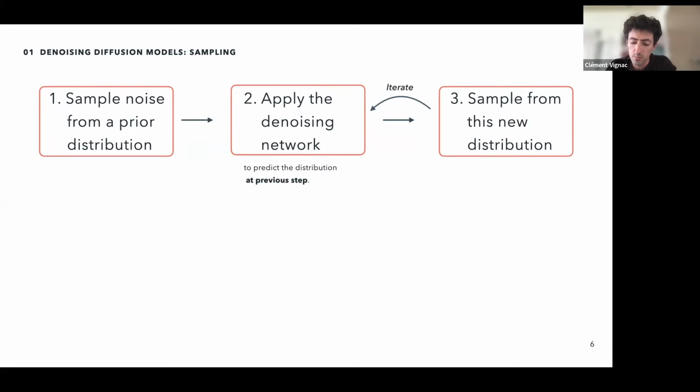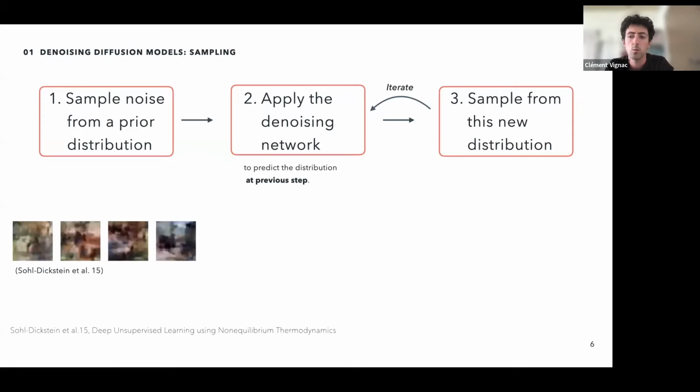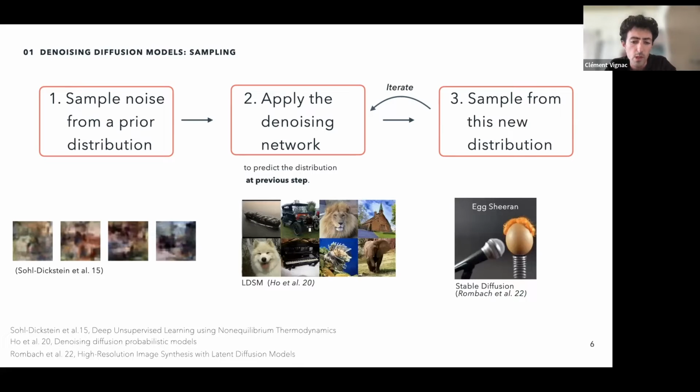So if you train things this way, and that's what was done in the early diffusion models in 2015, you get samples like this on CIFAR-10. So you can see that it learns something, but it doesn't really work well. And you know that now diffusion models achieve super remarkable results in terms of image quality, and particularly when you combine them with language models.